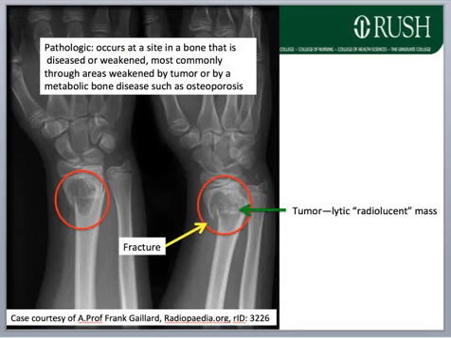You can see in the red circle the radiolucent mass at the end of the radial bone, and you can also see at the yellow arrow that the bone is fractured there. So this is called a pathologic fracture, and it can occur in areas weakened by either tumor or by some kind of metabolic bone disease such as osteoporosis.